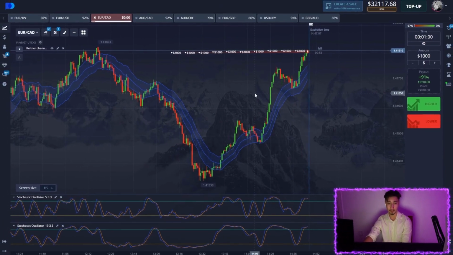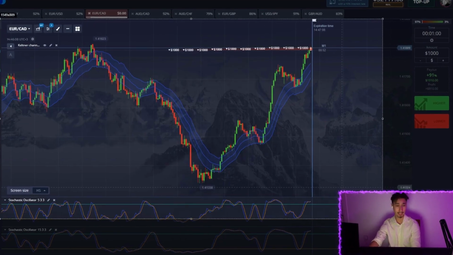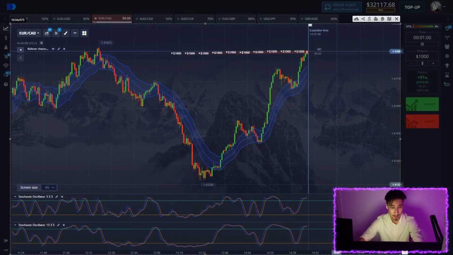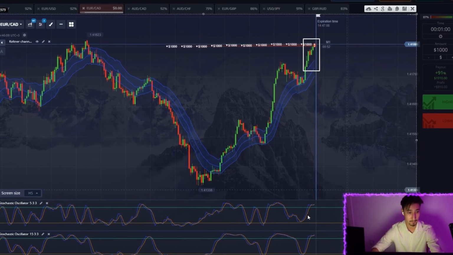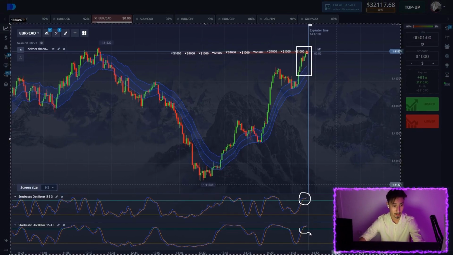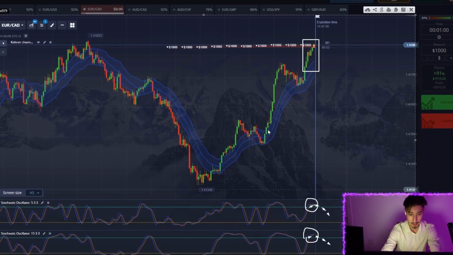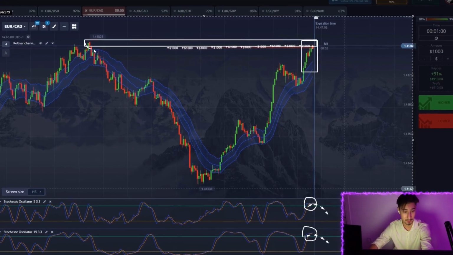Let's watch the price movement. There are literally 20 seconds left, so yeah, let's wait. Let's watch the outcome. How's it going? So let's wait. Okay, 10 seconds left. And let's open additional positions.